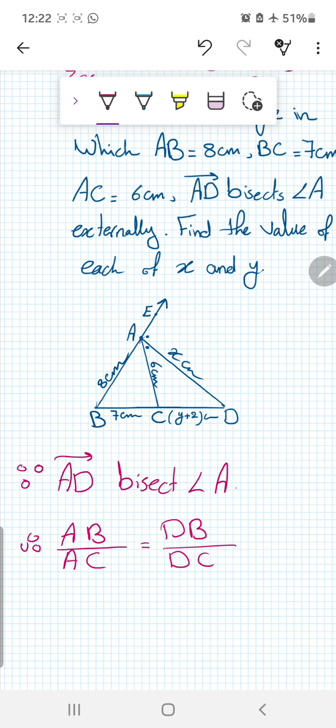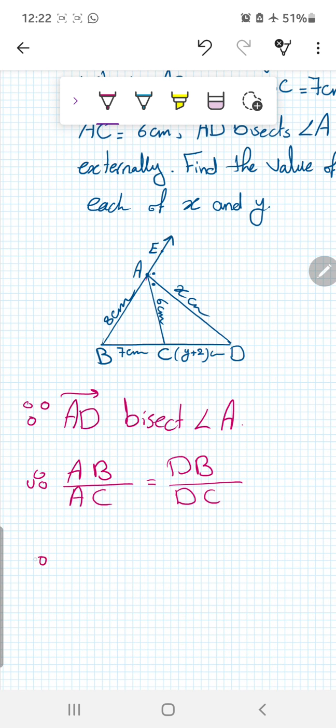By substitution, therefore AB, which is 8 centimeters, over AC, which is 6, equals BD, which is 7 plus Y plus 2, over DC, which is Y plus 2.